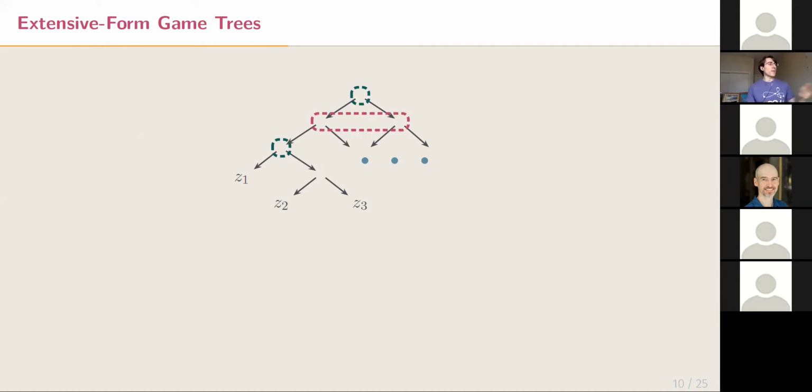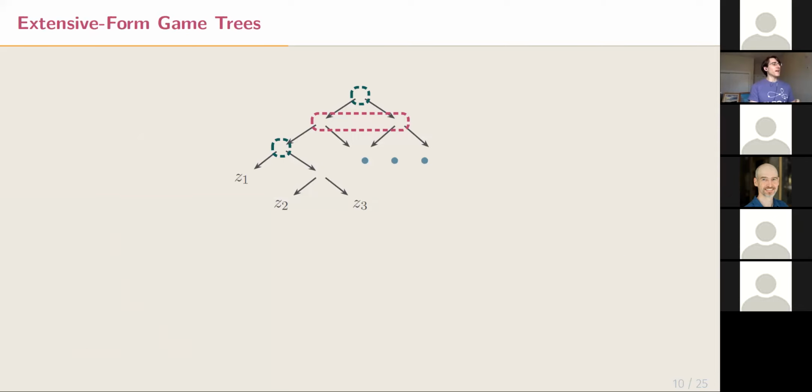I've drawn them here, and what this magenta ring is telling you is that player 2 doesn't get to know whether player 1 shows left or right at the beginning of the game before player 2 has to act. So essentially, in practice, this means that player 1 and player 2 are acting simultaneously at the start of the game.